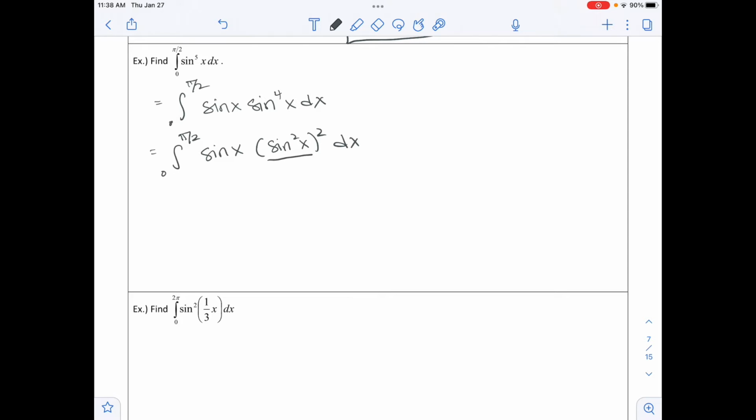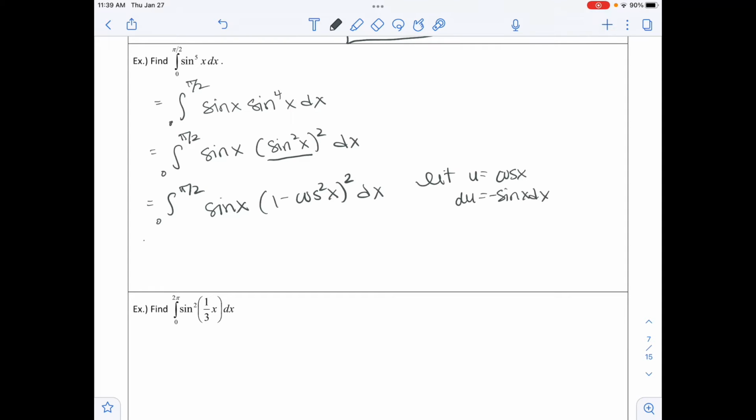And then I'm able to use the Pythagorean identity and rewrite sine squared in terms of cosine. And so we have 1 minus cosine squared x squared dx. And so from here, I can let u equal cosine of x, and then du is going to be negative sine x dx.